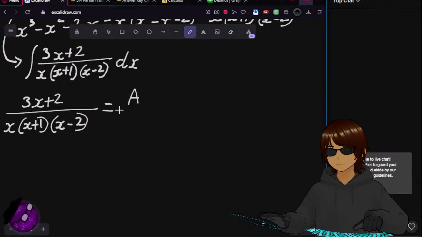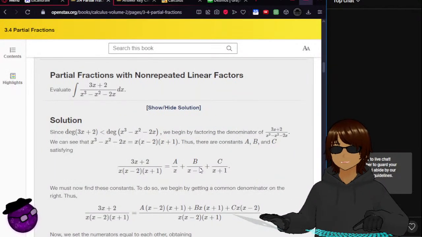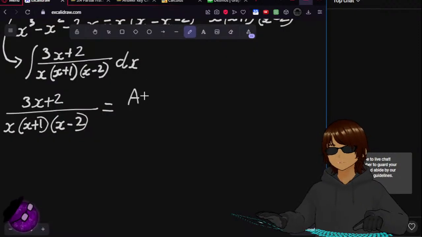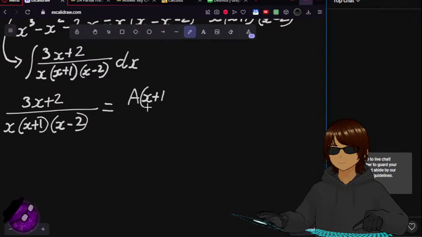Hold on. Dividing it like this, right? Okay, I understand. Wait, never mind.